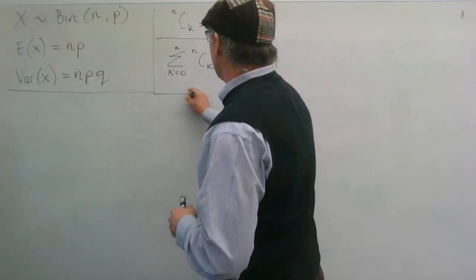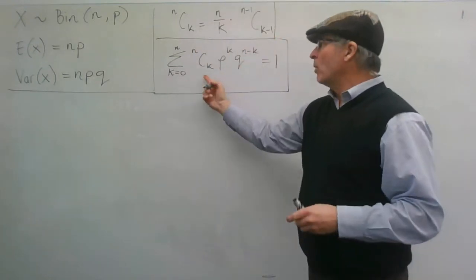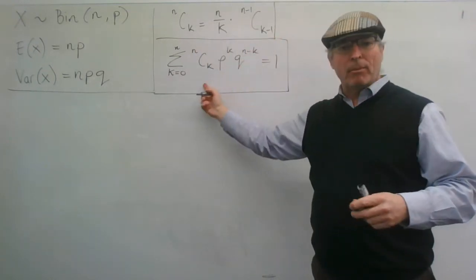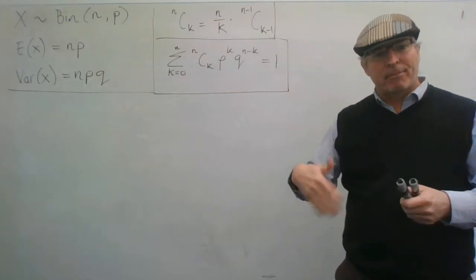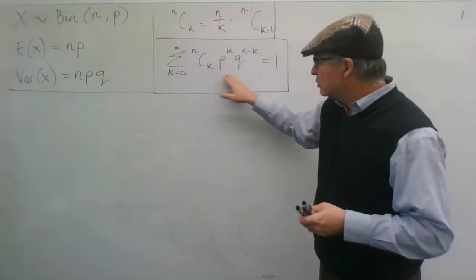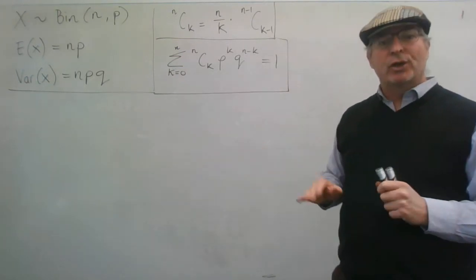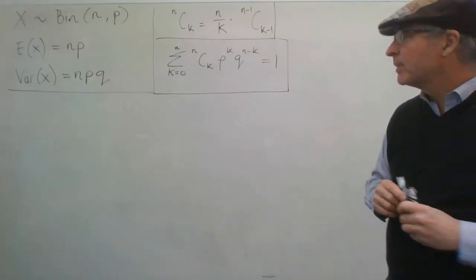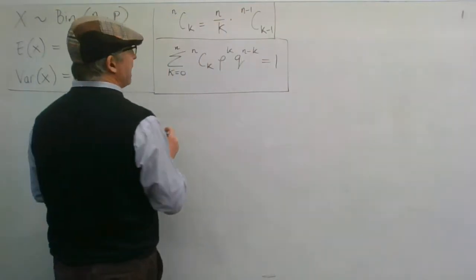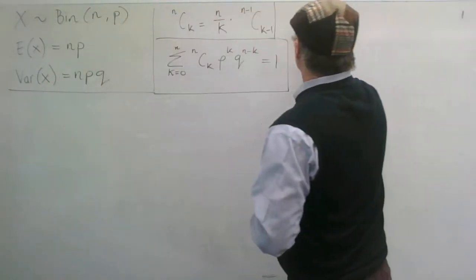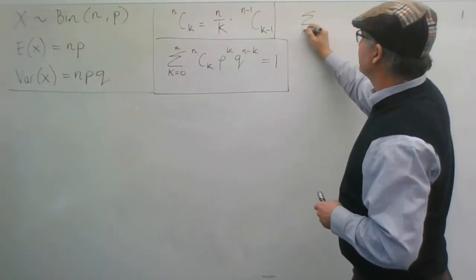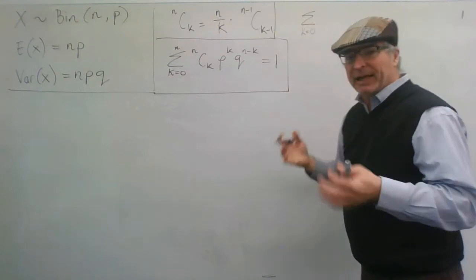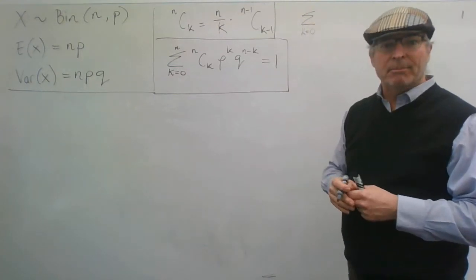All right. So when you add up all the individual probabilities, and we've expanded out the binomial so we can see that each one of them looks like that, you get 1. And we proved last time that when you add up all the x p(x)'s, that's the expected value, you get np.